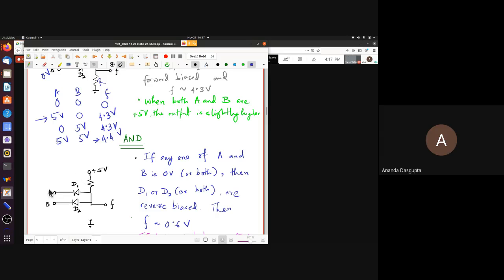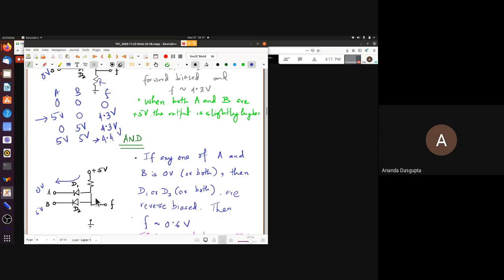Say A is 0 and this is 5 volts, then diode D1 is forward biased. So current flows through this. And as a result, because current is flowing, there is a voltage drop across R, which means the voltage at this end comes down.